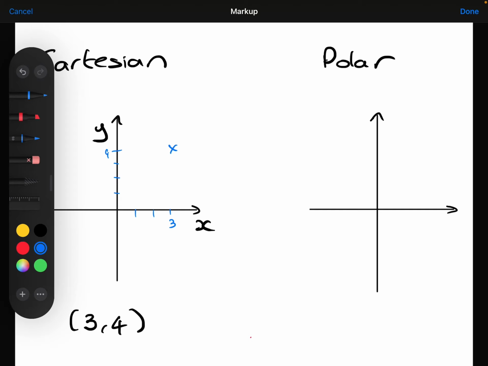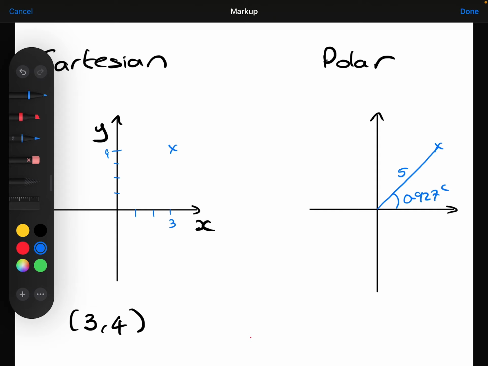But that very same point, I could define in a different way. I could describe it as being 5 squares directly away from the origin in a straight line, with an angle of 0.927 radians from the x-axis.